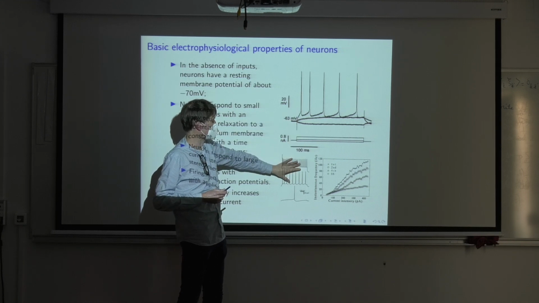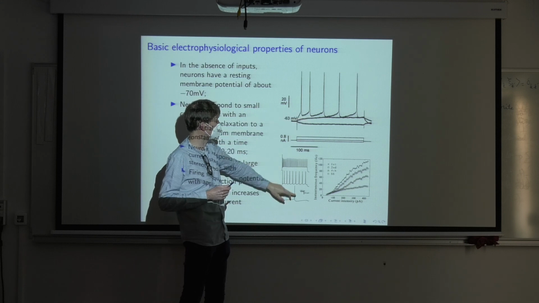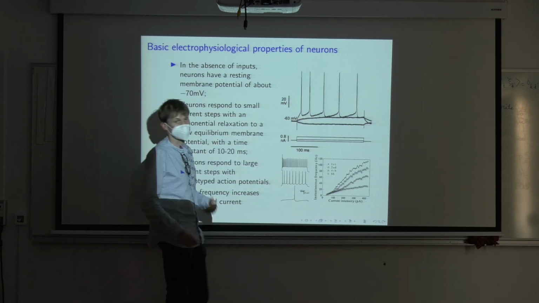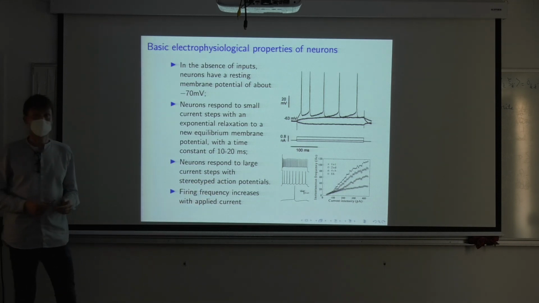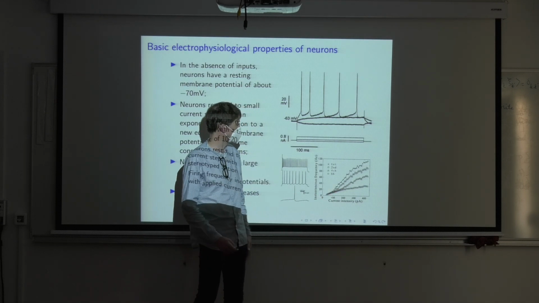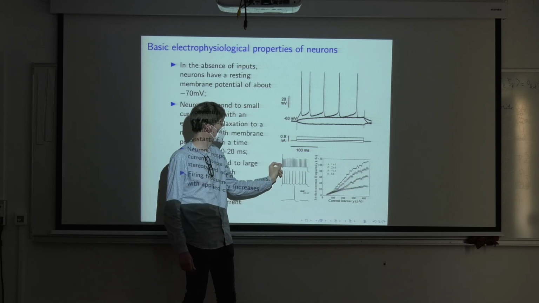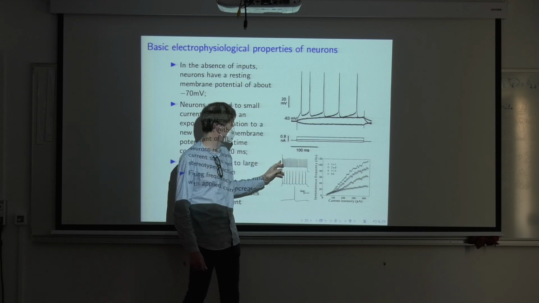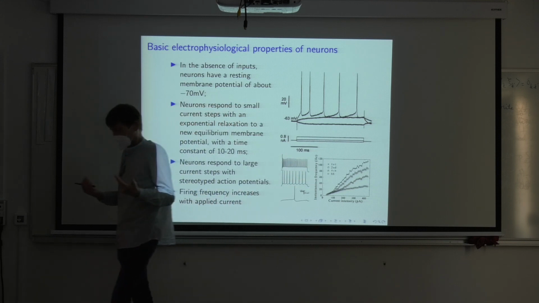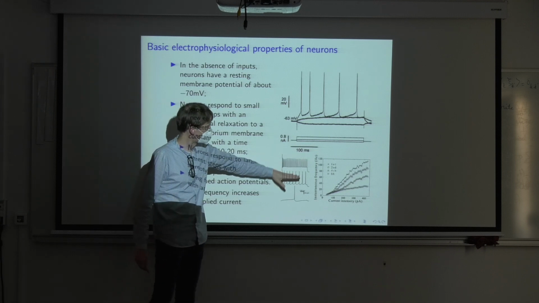The last piece of information that I'd like to tell you is that the more current you inject onto a neuron, the more action potentials will be produced per unit time. So the firing frequency will increase. This is a summary here for one particular neuron, and these different curves show the instantaneous frequency for different interspike intervals. That shows a phenomenon called spike rate adaptation, so that the frequency tends to slow down with time if you have a sustained current.